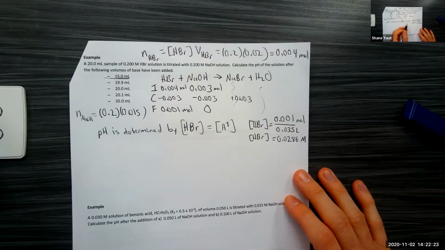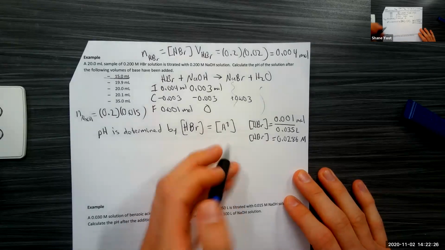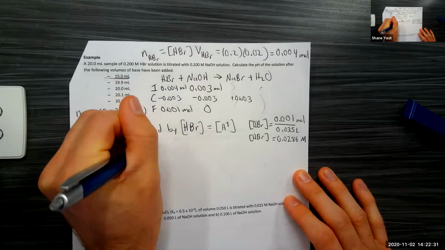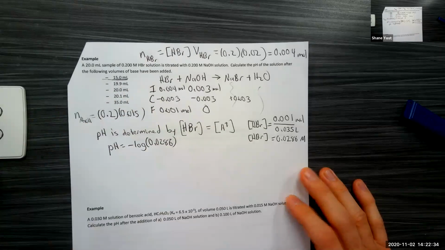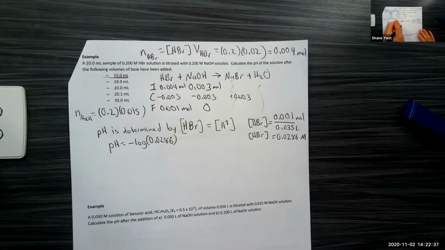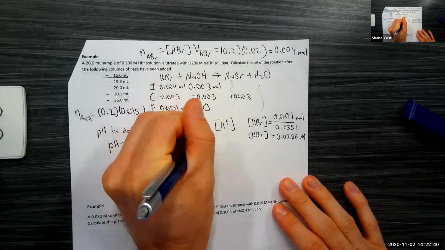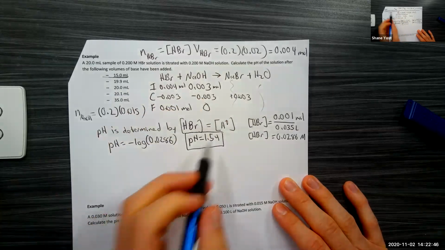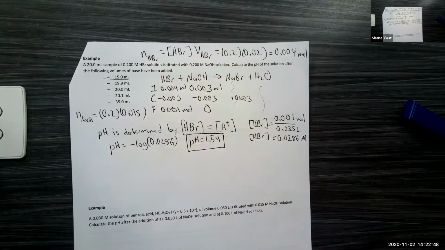That is the concentration of H plus, and so the pH is just the negative log of 0.0286, which gives us a pH equal to 1.54. That is the pH of our solution after 15 milliliters of sodium hydroxide have been added. Questions about this example so far?